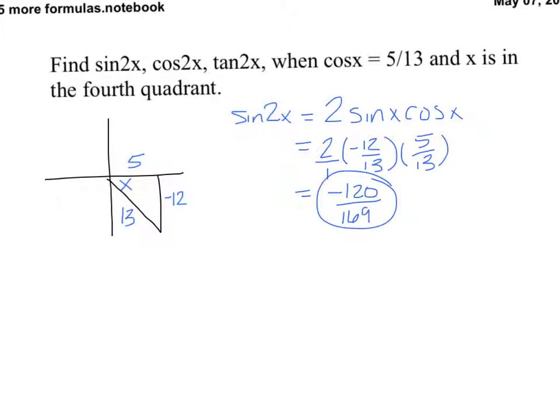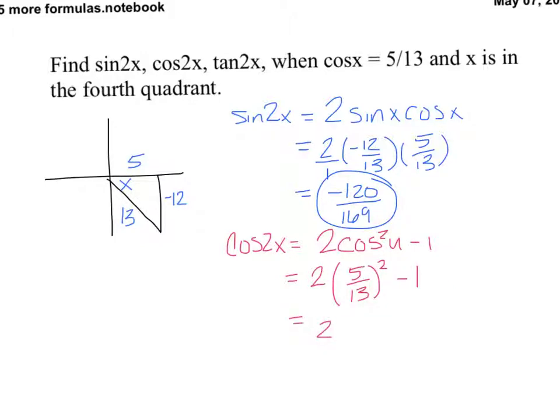Okay, then we have the cosine of 2x. Now there's 3 formulas for the cosine of 2x. I usually try to choose one that doesn't have too many trig functions in it, because the first one has sine and cosine. So I'm going to go with 2 cosine squared. So that means I'm going to take cosine, adjacent over hypotenuse, and I have to square it.